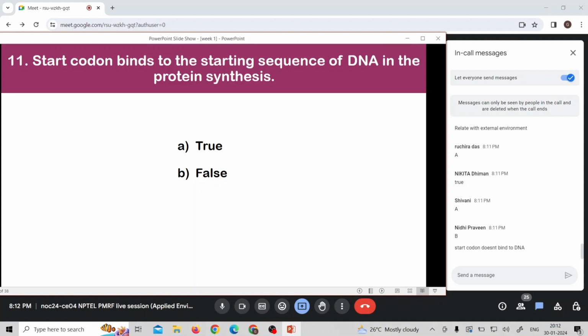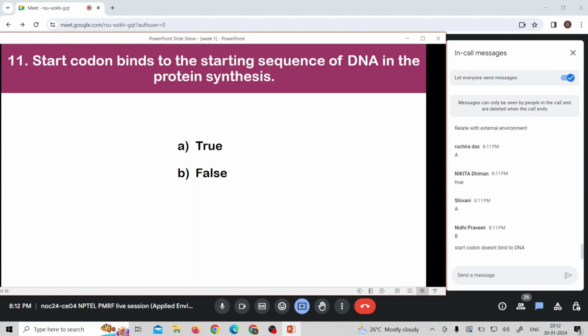Exactly. So that is the nuance in this question. You should be pretty careful with all the terms that are given in the sentence. Okay. Start codon is associated with the protein synthesis. True. But the start codon usually binds to what? It binds to the mRNA, right? We are talking about translation here. In the transcription part itself, the DNA has been transcribed to mRNA.